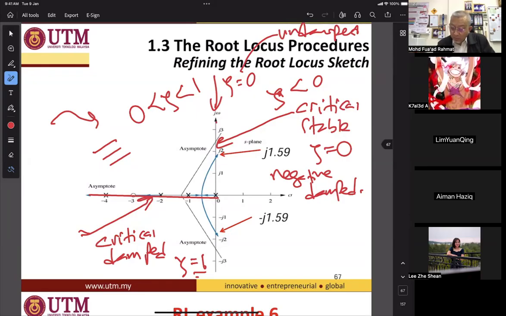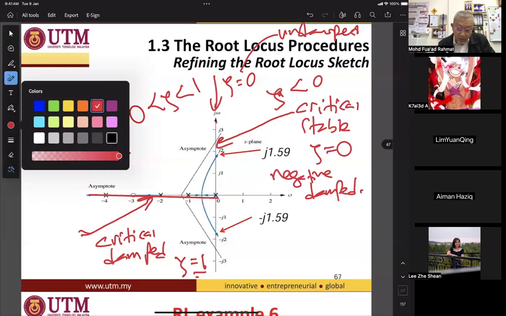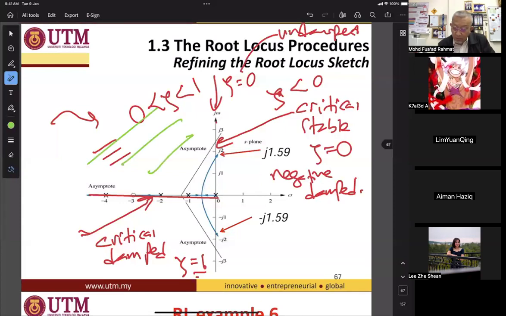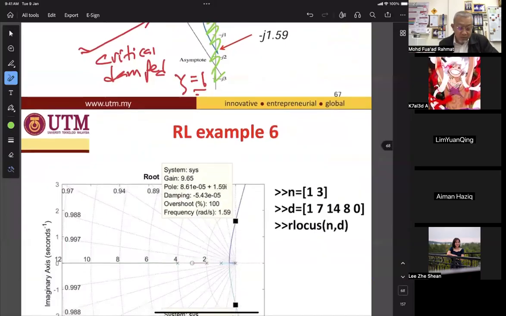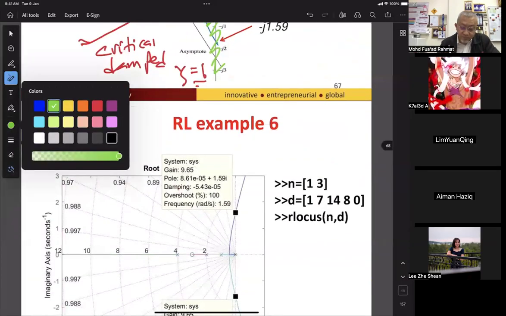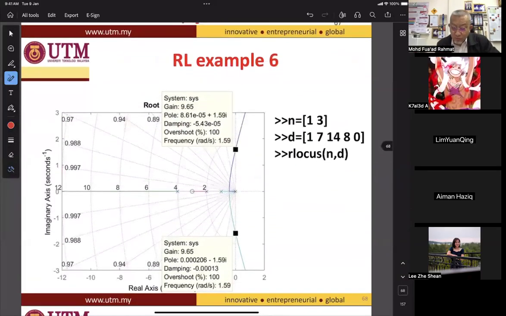But in terms of stability, this region is stable, this region unstable, and on the top of imaginary axis is critical stable. I hope you understand what I said just now. Okay, guys? Are you okay? Okay, mantap. So, teruskan, we continue.